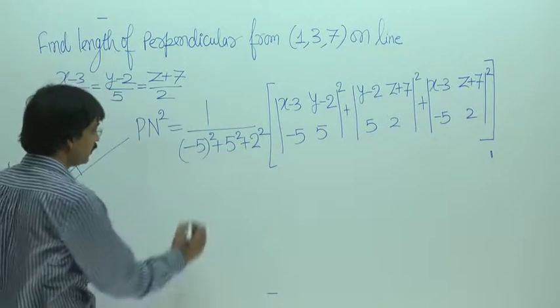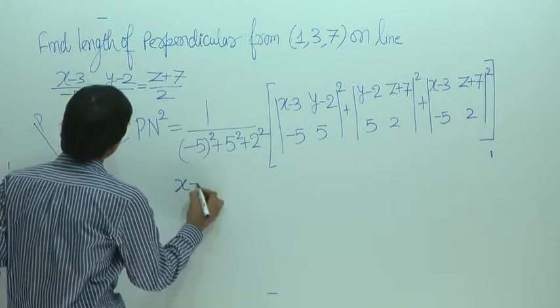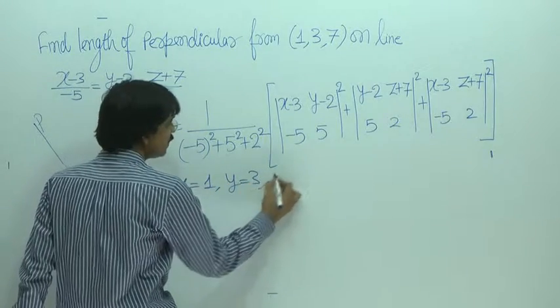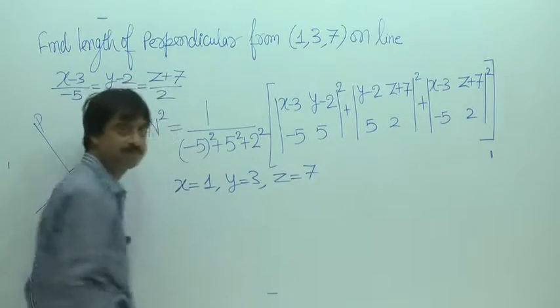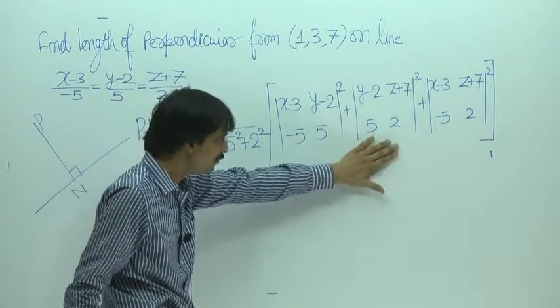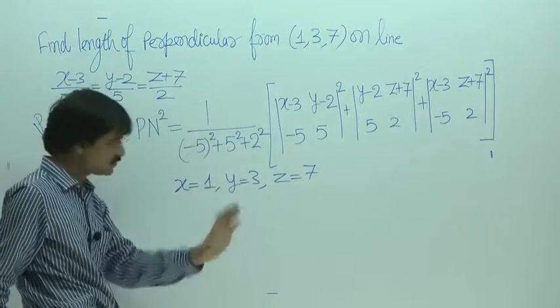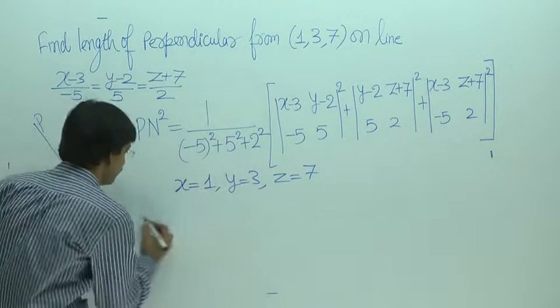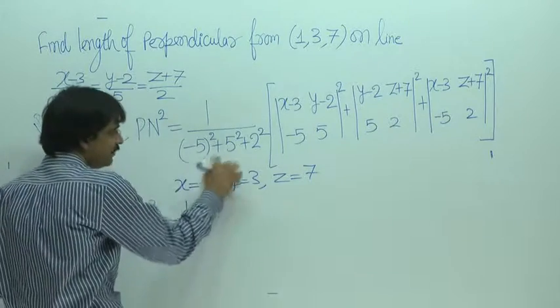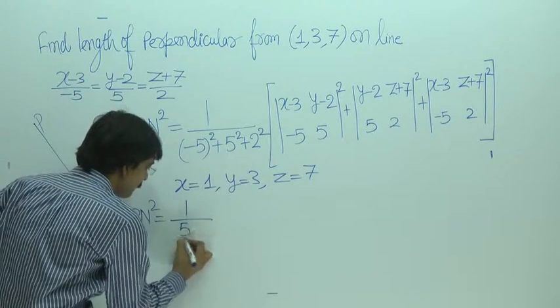So how are we going to solve? In place of x, y, z, you are going to keep x equals 1, y equals 3, and z equals 7 in the 2 by 2 determinants, squares of that, sum of that. PN square will be 1 by 25 plus 25 plus 4, which is 54.